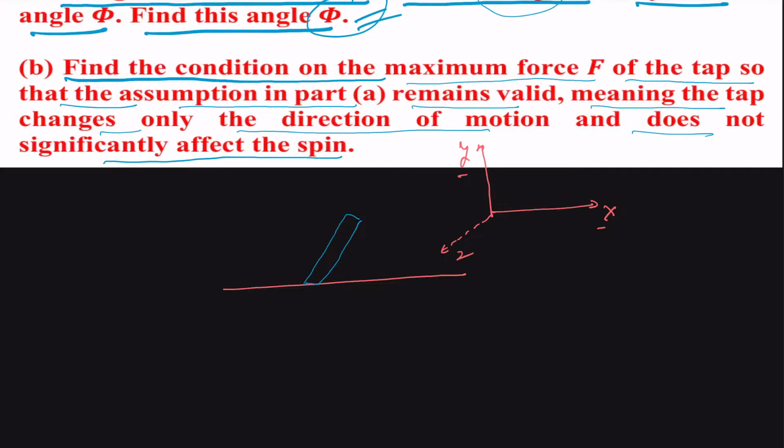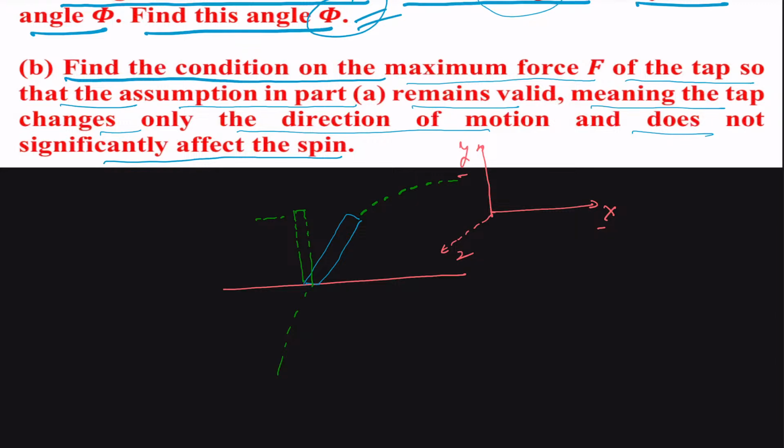Initially the hoop was traveling in a straight line like this. When it is given a gentle tap, it starts to move in a circle. It is going to follow some circular path like this.